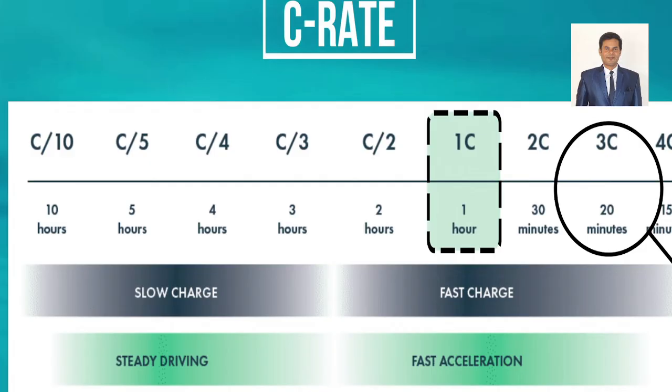For example, if it takes 1 hour, then it is 1C. If it takes 5 hours to store the charge, then it is C by 5. Similarly, for 3C the time taken is very little, about 20 minutes to charge the battery. That is quick charging.